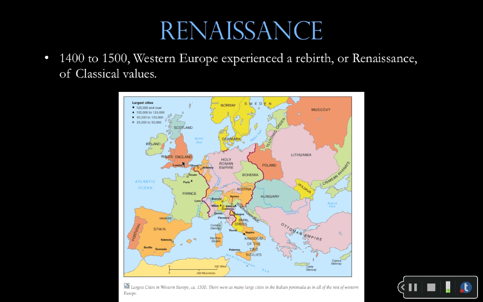So between 1400 and 1500, Western Europe basically experienced what we call a rebirth or renaissance of classical values. So Renaissance literally does mean the rebirth. And that's because artists and theorists, philosophers at this time were looking to the classical past.